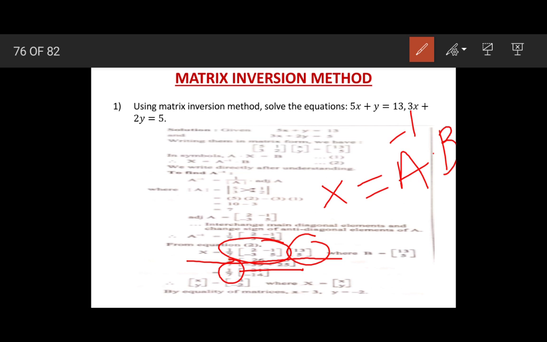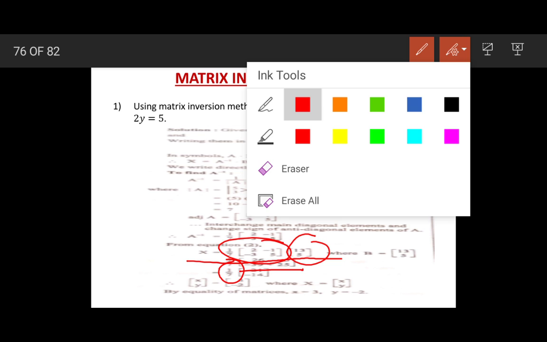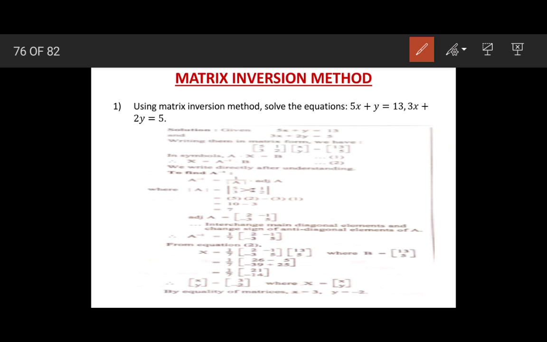Then if possible, divide or multiply by the number. So after doing all this calculation, by equality of matrices, we will get x equal to 3 and y equal to -2. Okay. So class, this is the method of solving simultaneous equations by the matrix inversion method.